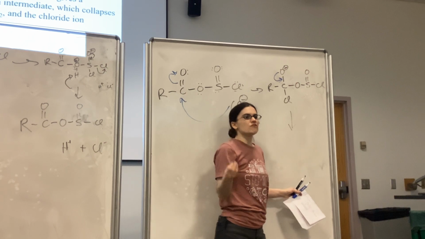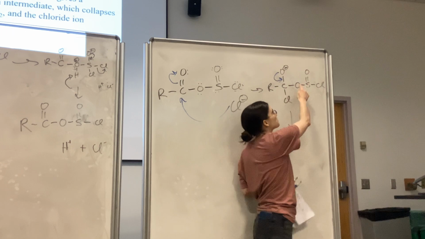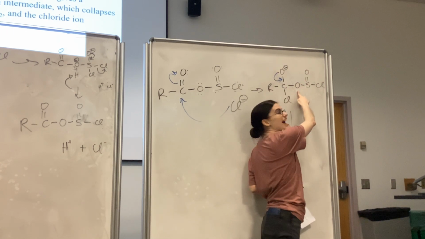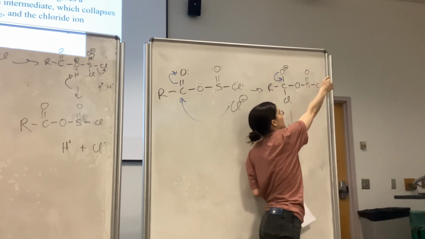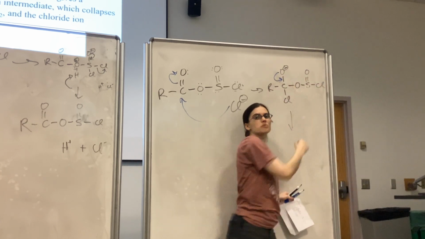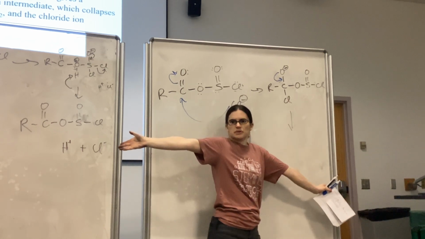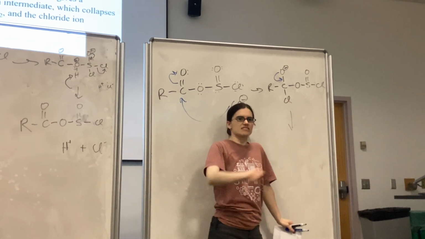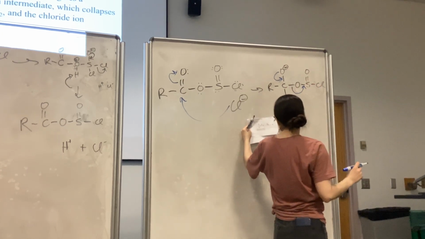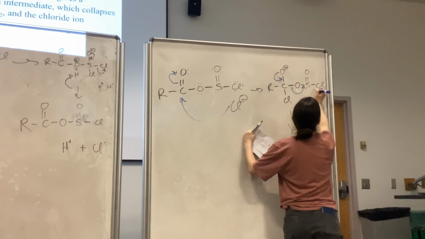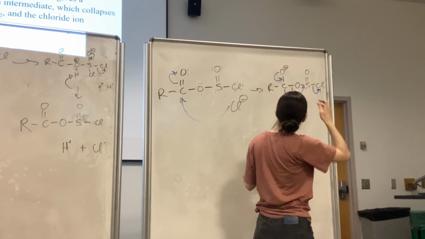So even though VSEPR theory tells us those are probably sp3, in reality, these guys have one of their lone pairs in the p orbital parallel to the other ones, sticking out of the board, because why not have all of the resonance happening? Opportunity for resonance, let's do it. So really, these nice steps happen. There we go.